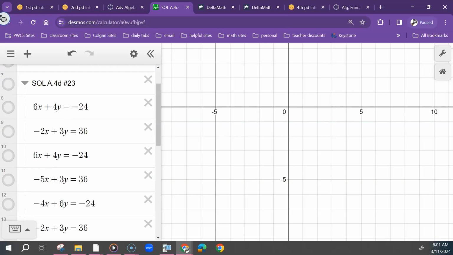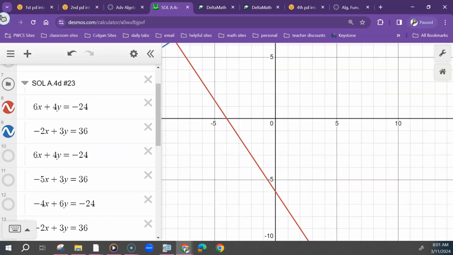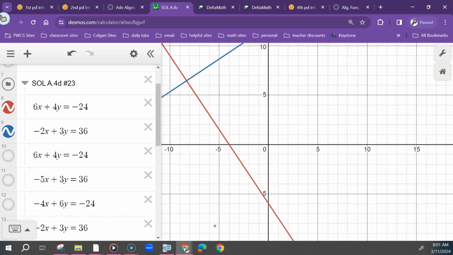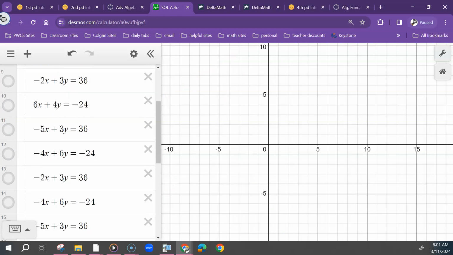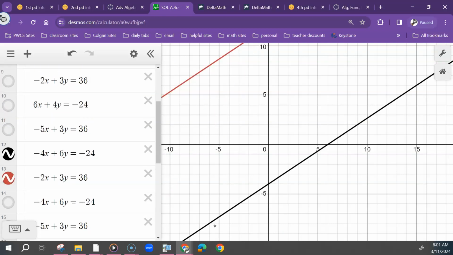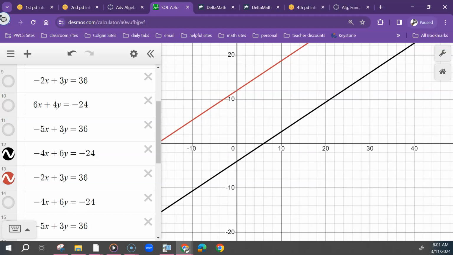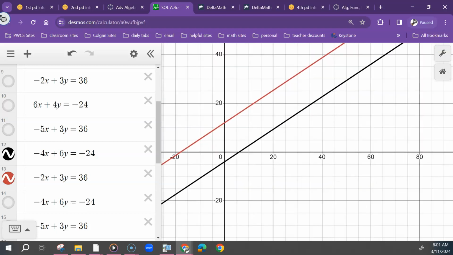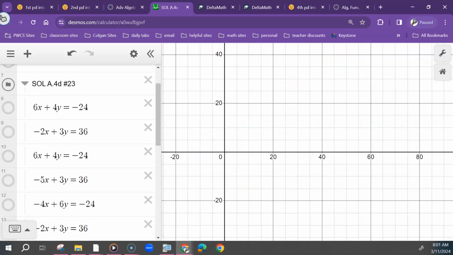This multiple choice one, I don't remember the exact answer, but as you start to put these in, you can see this one had a solution, this one had a solution, and this one doesn't. So that would have been the answer to that.